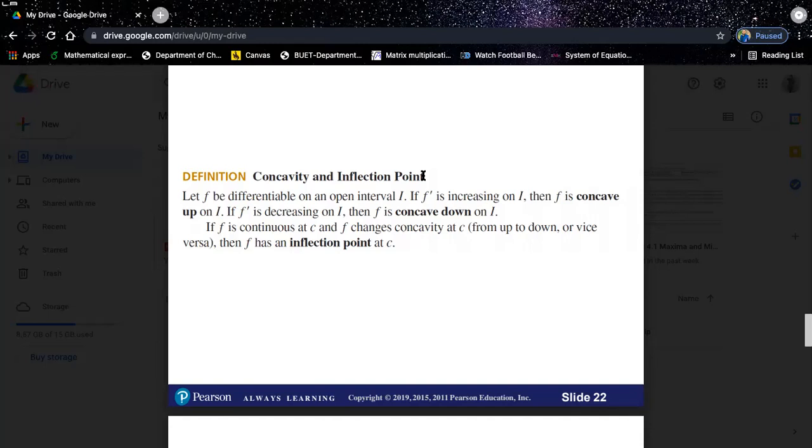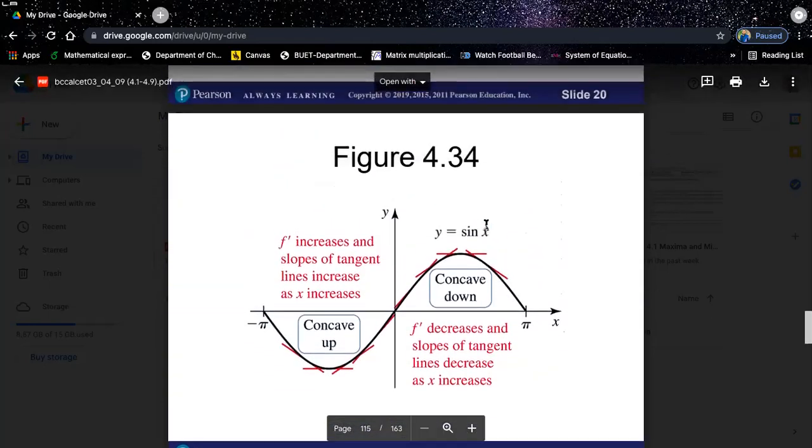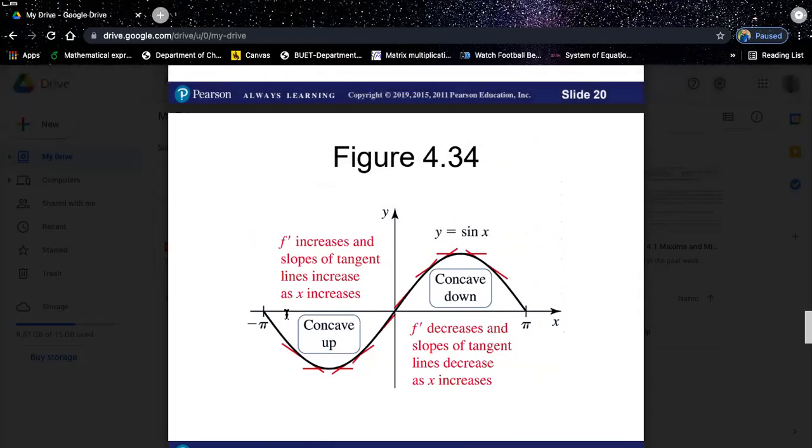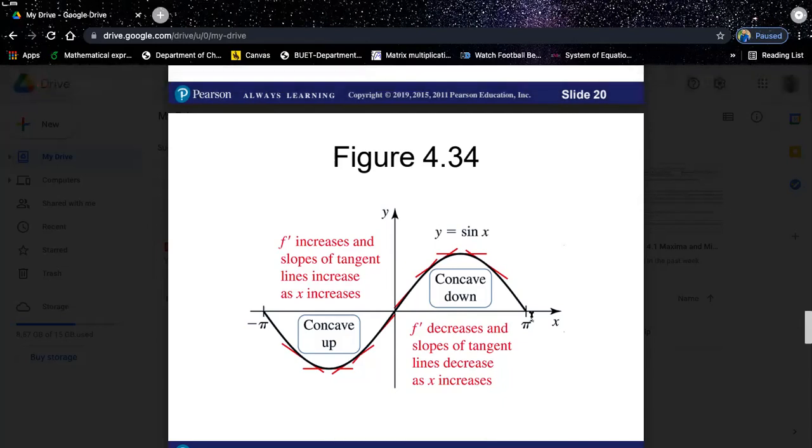Okay, let's see this. If we pick this interval from, let's say, -pi to 0, okay, let's try the entire interval, -pi to pi, okay?